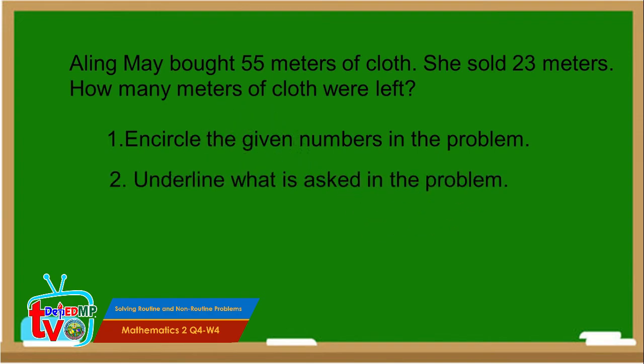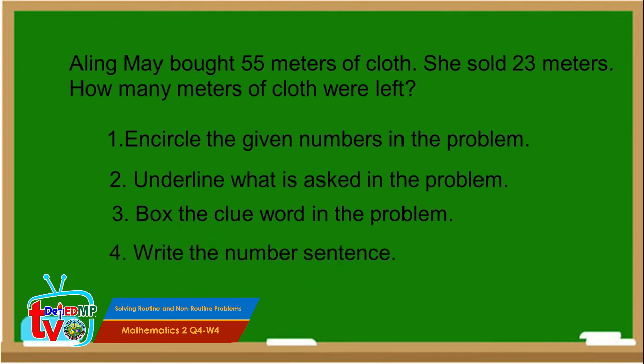Next, underline what is asked in the problem. Then, box the clue word in the problem. And then, write the number sentence. The last, write your solution and your answer.